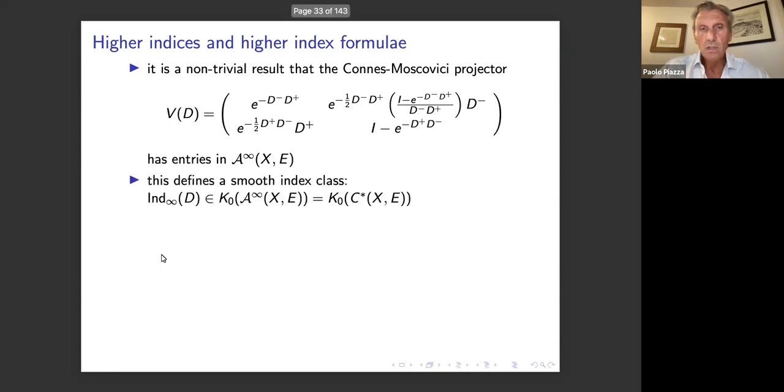Now, that means that we can take this as a representative of a smooth index class.